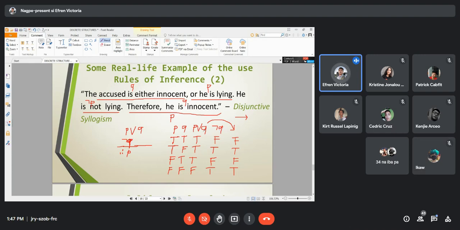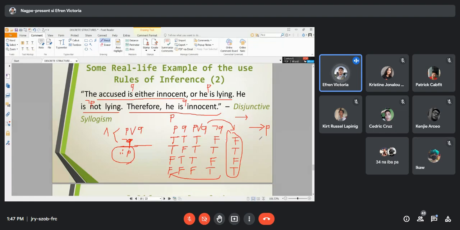Okay, so not Q, tapos yung P or Q, i-end natin dahil yung end nung or conjunction nung premise. So, hindi ko natapos kanina, dito lang tayo nag-stop. So ito yun. Then, iaano pa natin yung kay P. If then, gagamitan natin ng if then kay P. Ibig sabihin, etong part na to, i-if then natin kay P.